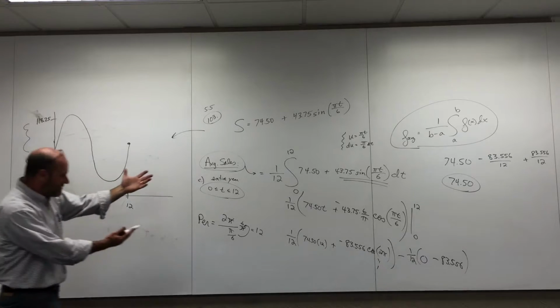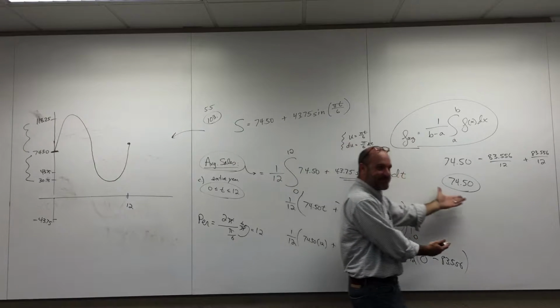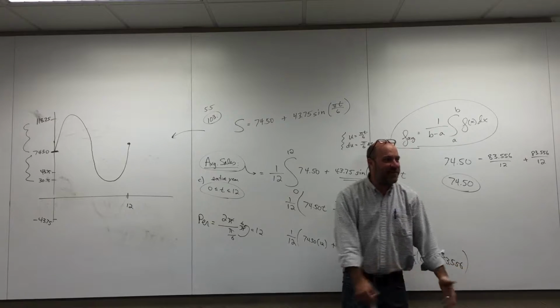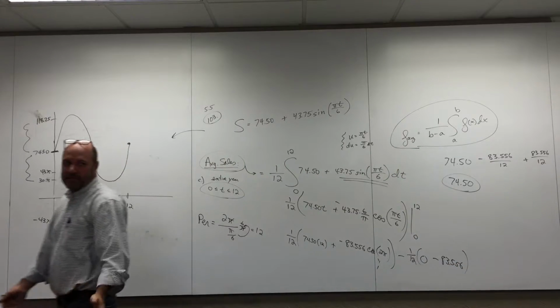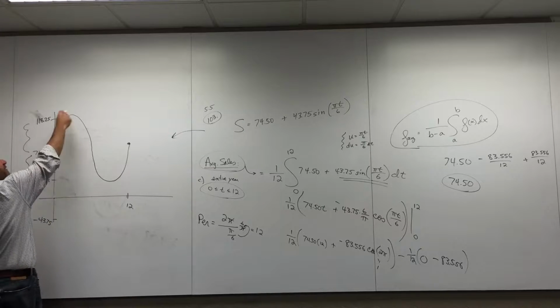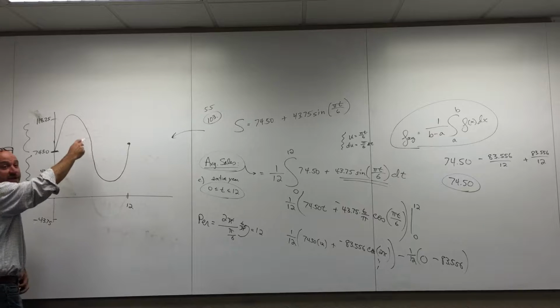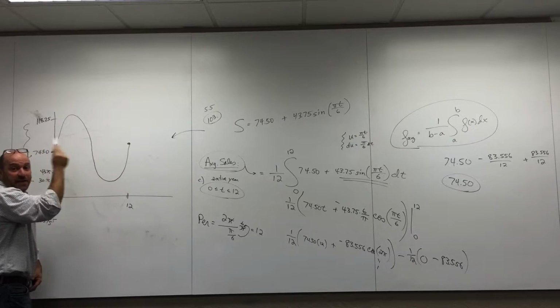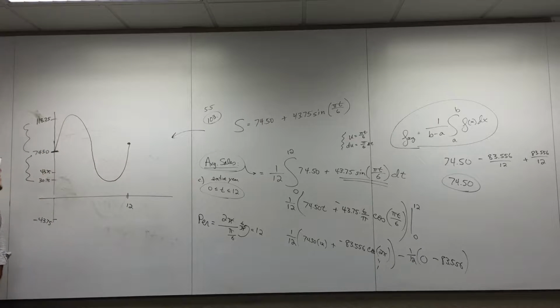Of course, we just did it. But just stare at the picture. Forget the math. Well, don't forget the math. But it spends half its time above 74.50. It spends half its time below 74.50. Equally so. And so I would say the average height is 74.50.